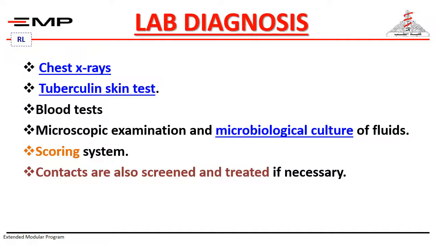And some scientists developed what's called a scoring system. If he is negative for all investigations, I will use the scoring system based on clinical data, because children are paucibacillary. I cannot detect Ziehl-Neelsen positivity or get a positive culture for them. Contacts are also screened for tuberculosis and treated if necessary.